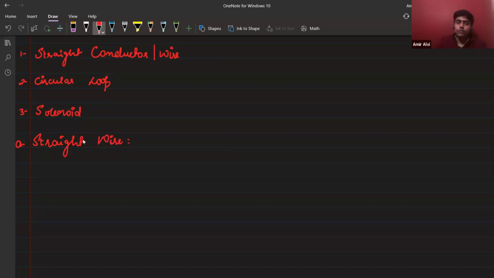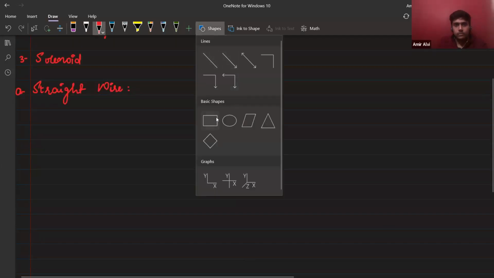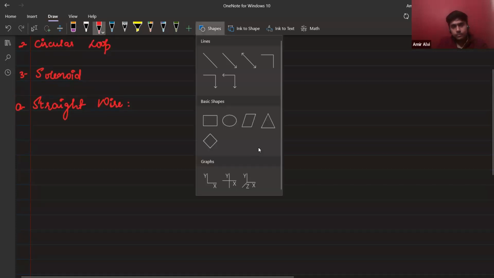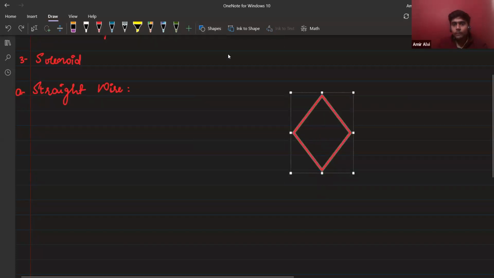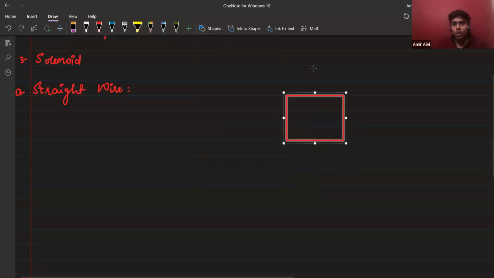Suppose this is a wooden block, and one electric wire is passing through this wooden block. Okay, so basically it's connected like this.